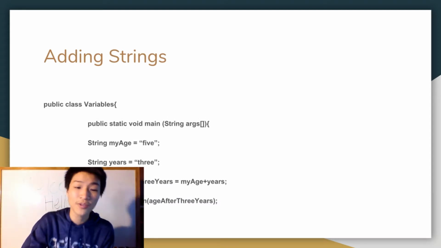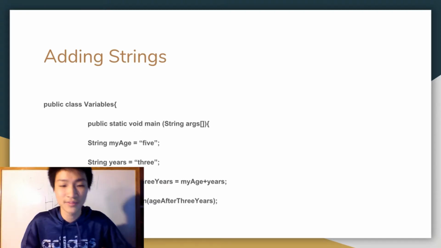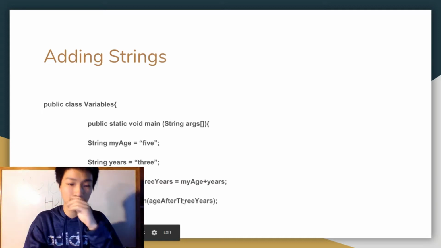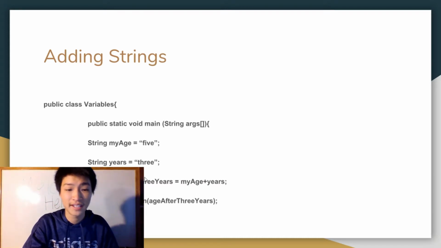So what if we want to add strings? Strings are funny because if you add them together, it doesn't add the values together, obviously. It just puts them right next to each other. That means when you create a string that is the sum of those two, it actually says just 5, 3.